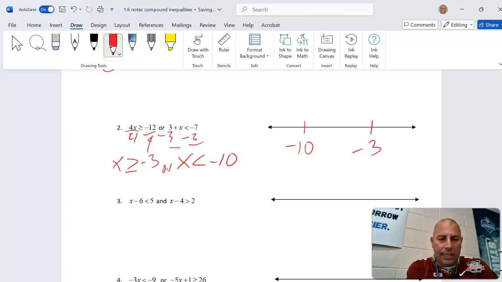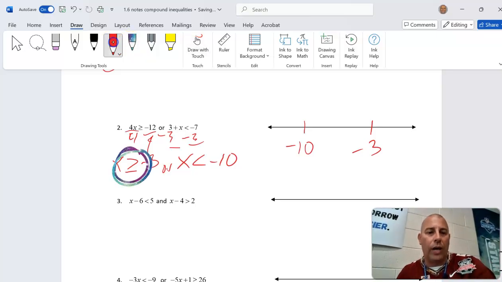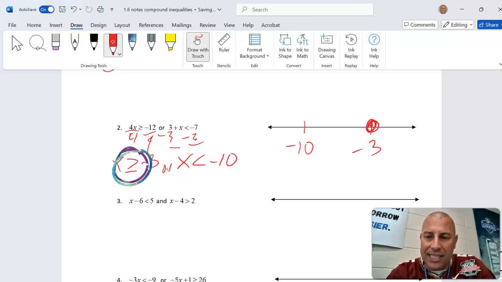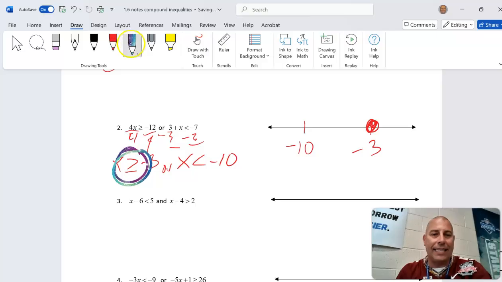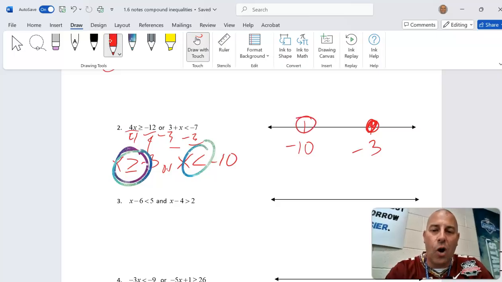Now, I do see the or equal to symbol with the -3, so I know it's a solid circle on it. I have just a less than symbol with my -10, so that means I'm going to use an open circle.